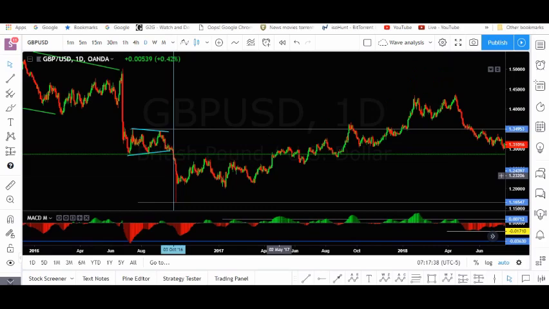So here you can see we had this move, and then we had this contracting flat over here, and then we had this move down. And then as we can see here, we had huge divergence. We had an ABC, so we could have expected the reversal.